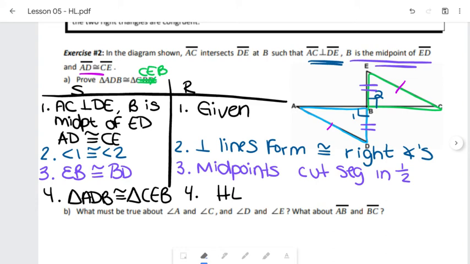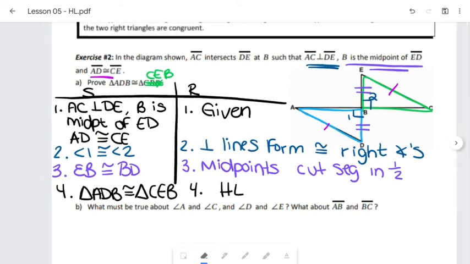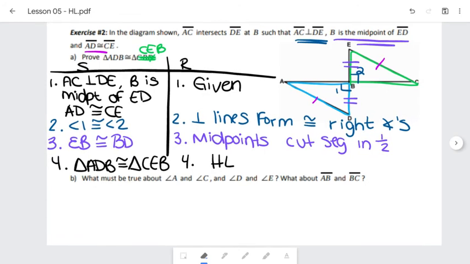Okay? And once I show that these two triangles are congruent, then I know all their parts are congruent, right? So A and C would correspond to one another, angles D and E would correspond to each other, and AB and BC would correspond to each other.